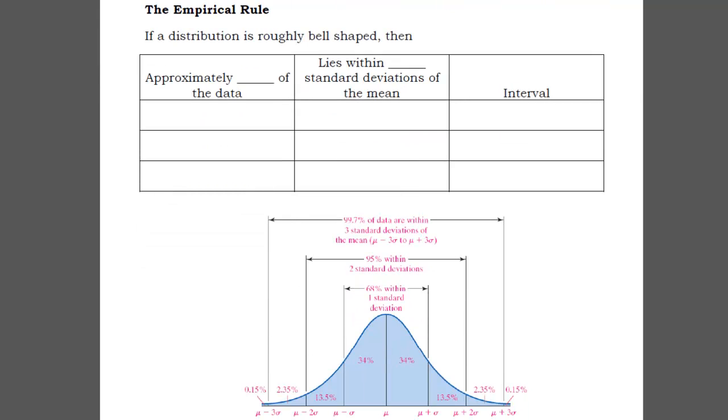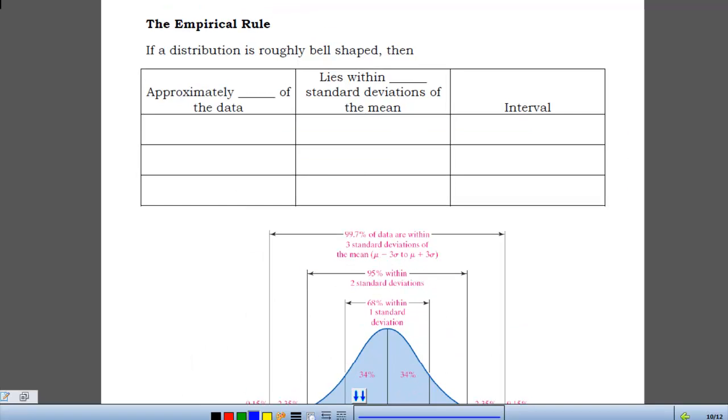Next rule, very important one, the empirical rule, or what is sometimes called the 68, 95, 99.7 rule, because those numbers are very important here. First of all, when we talk about the empirical rule, it only applies to data that's roughly bell-shaped, which you have a picture of right below the table.